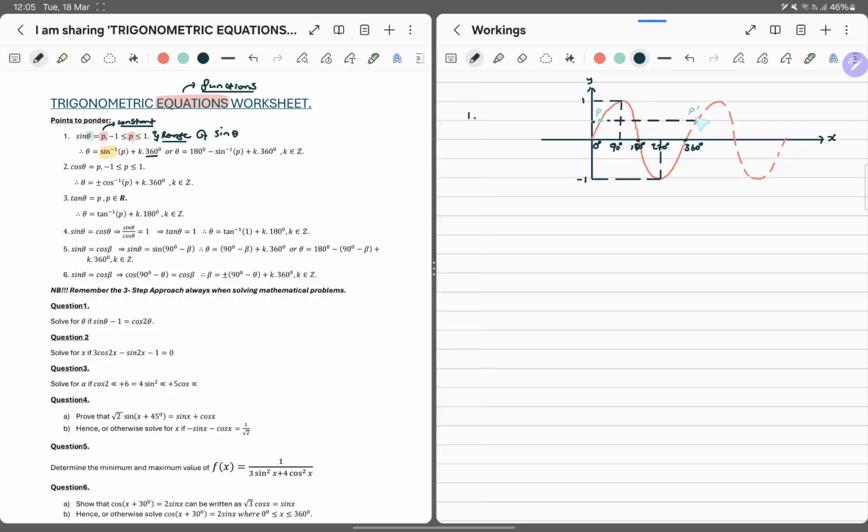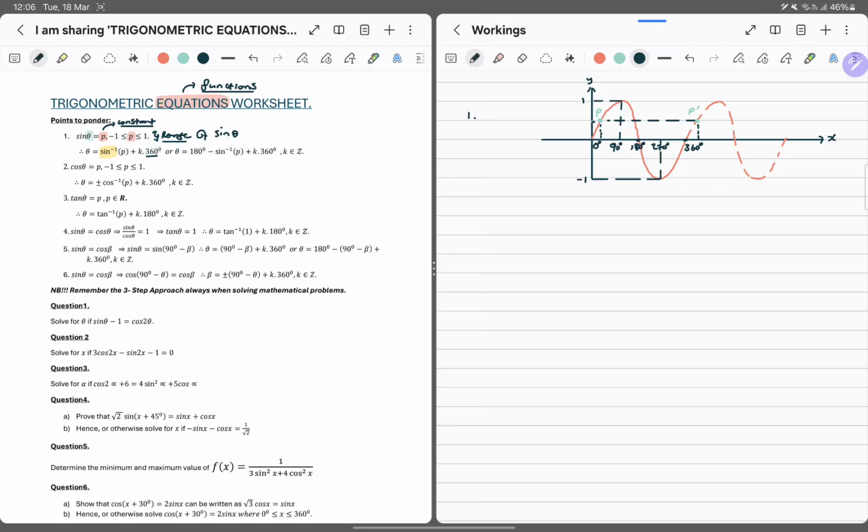So can you see, if we take the x coordinate at that point P prime, and subtract the x coordinate at P, we will see that that would be an interval of 360 degrees. Hence we say this value will always repeat every 360 degrees.